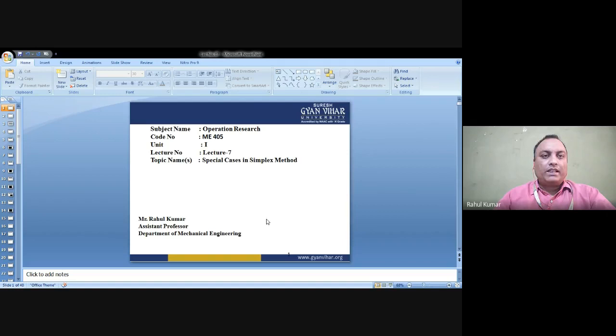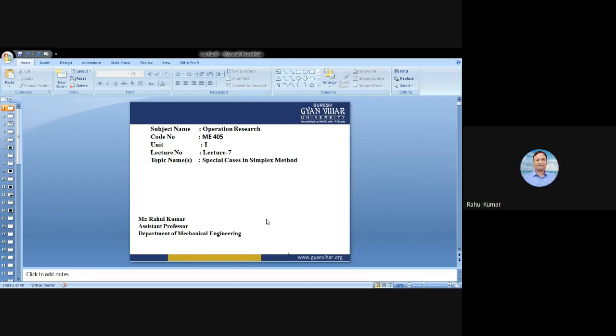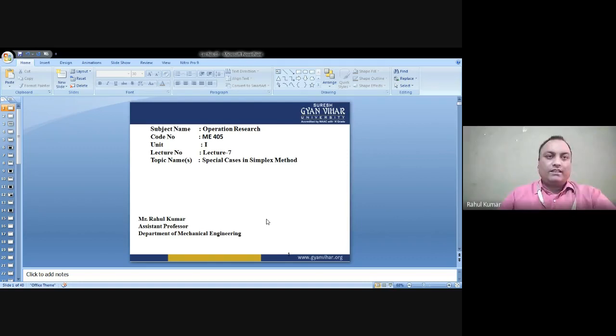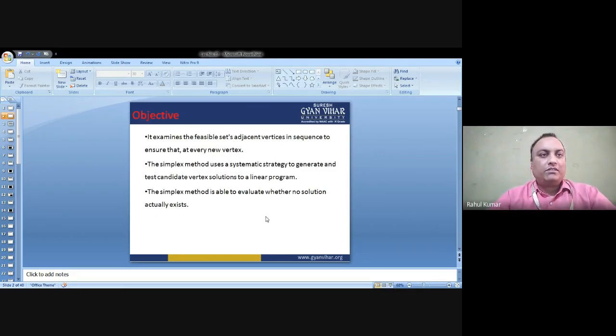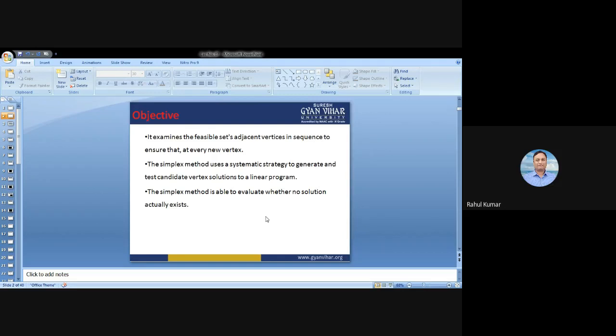In this case, a simplex problem is solved very easily. The objective of this topic is that the student is able to understand how it examines the feasible set's adjacent vertices in sequence.